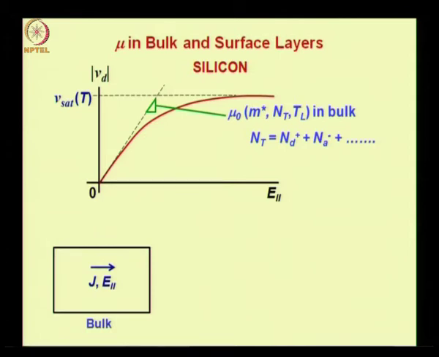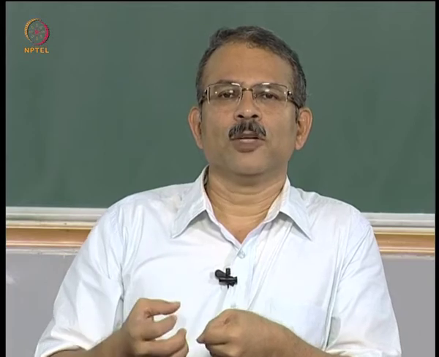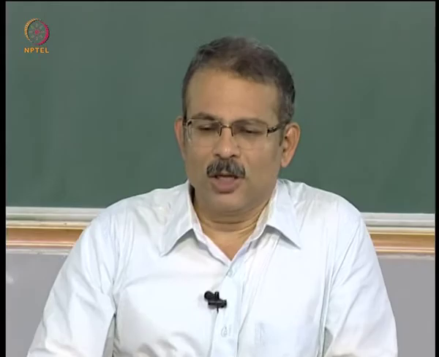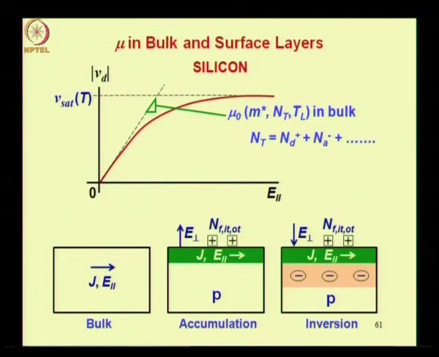So the behavior of mobility is a function of NT and TL. It depends on effective mass, because between two collisions the amount of velocity that the electron acquires because of the electric field depends on the effective mass. The lesser the effective mass, the more the acceleration and the more the velocity. Now let us look at the surface mobility picture for the surface.